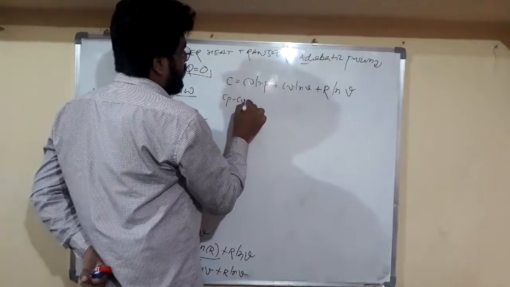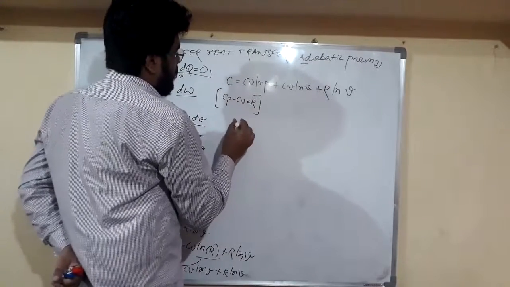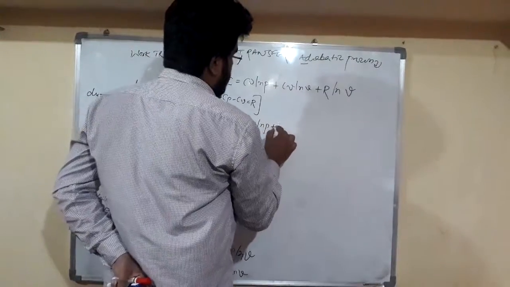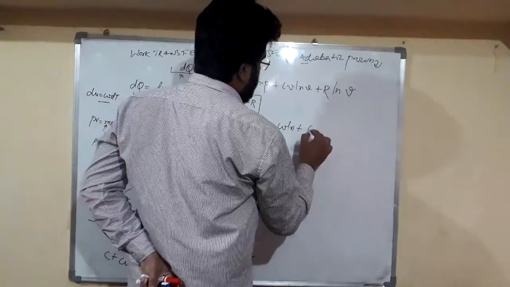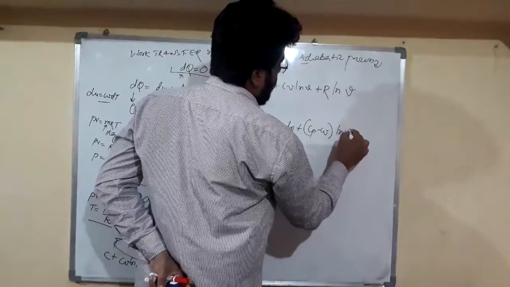Friends, we know that cp minus cv equals r, and we will apply this here friends. c equals cv ln p plus cv ln v plus r is cp minus cv ln v.